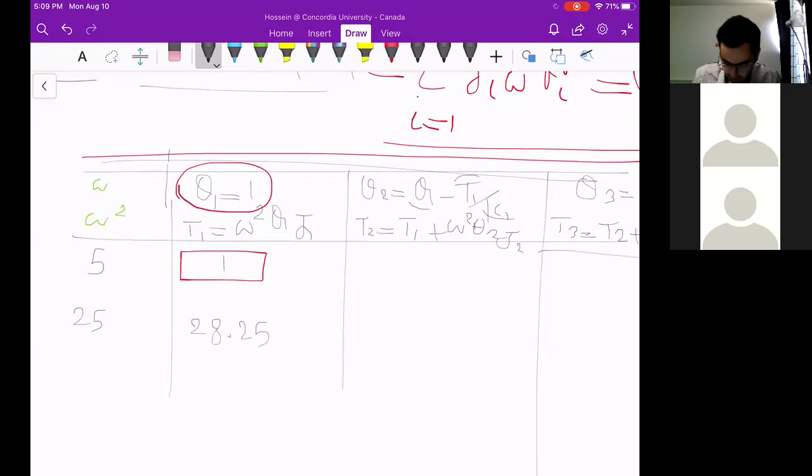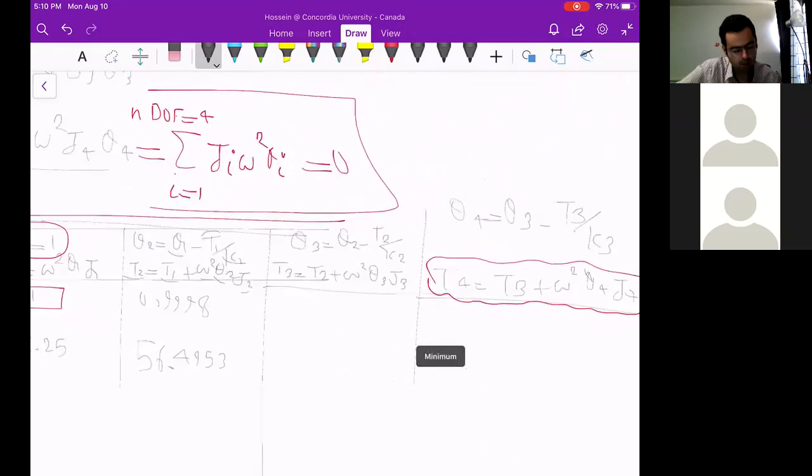Then theta 2 would be therefore 0.98. Then you will go for T2. T1 is obtained, omega 5, omega squared 25, theta 2 is obtained, J2 is given.